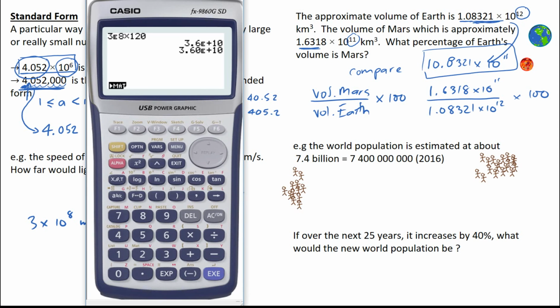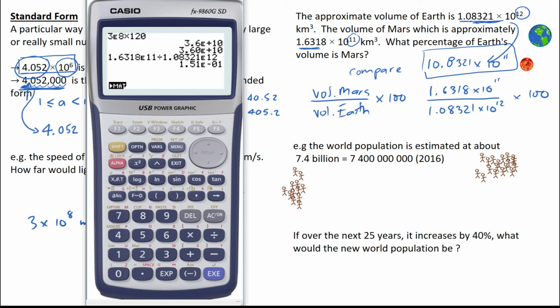Okay, so entering these numbers in standard form, 1.6318 exponent 11 divided by 1.08321 exponent 12.